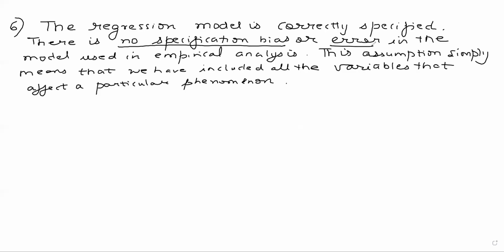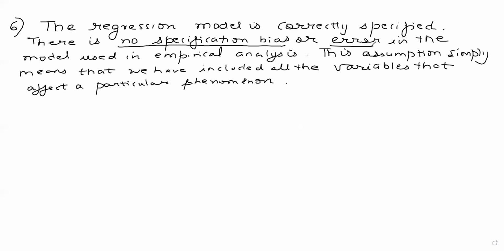There is no specification bias means what? It simply means that I have taken into account all the relevant variables. I am not adding any irrelevant variable. I am not dropping any relevant variable. Understand this, guys?